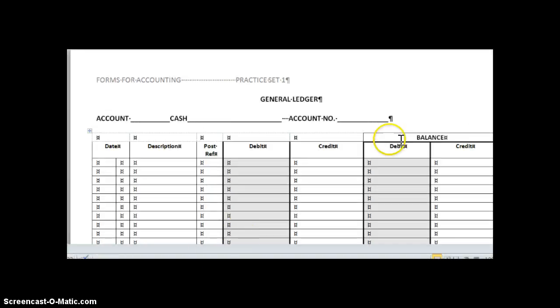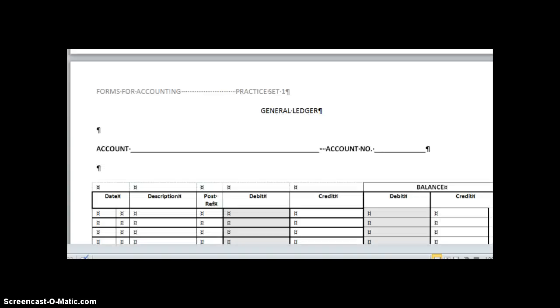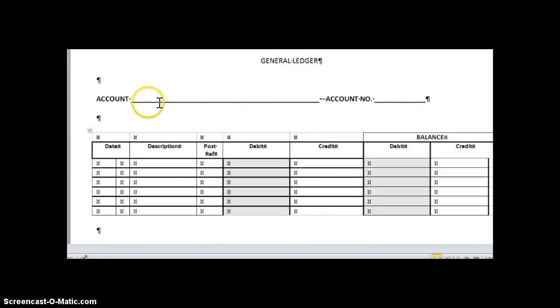So opening your general ledger or your accounts, you start with the cash account. You type in the word cash, and the account number is 101. Then you go down to the next account. This one would be accounts receivable, or the next account listed in your chart of accounts.